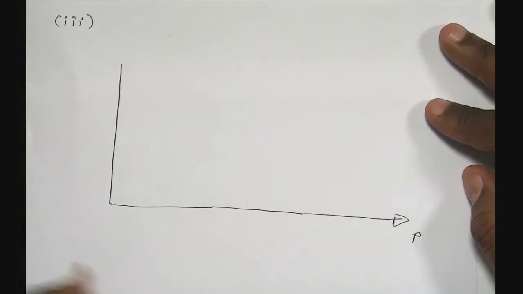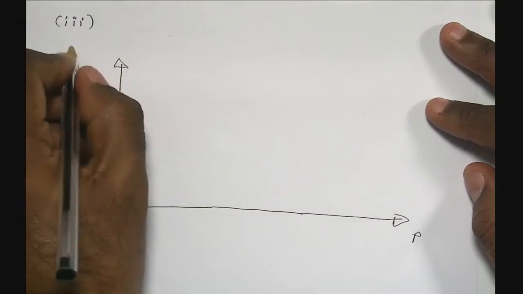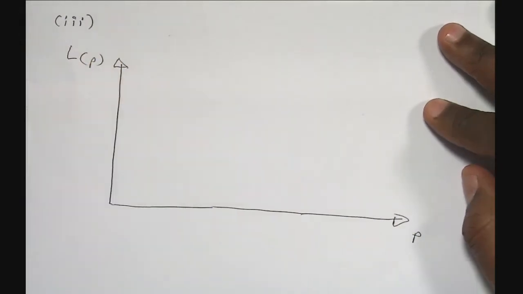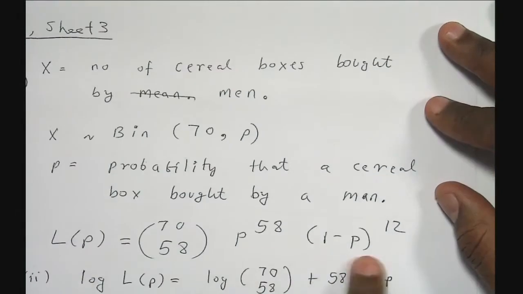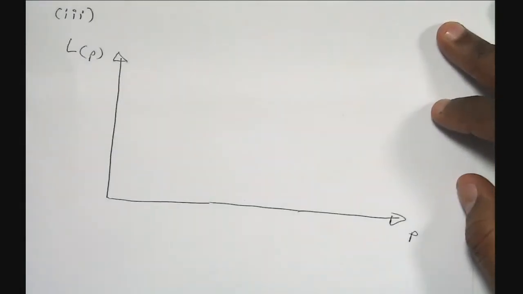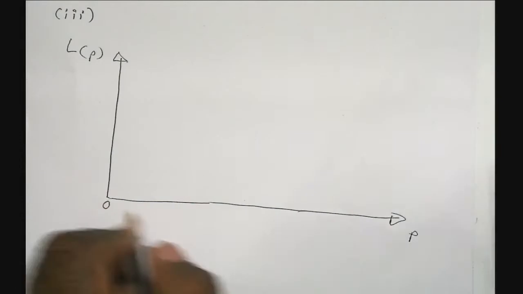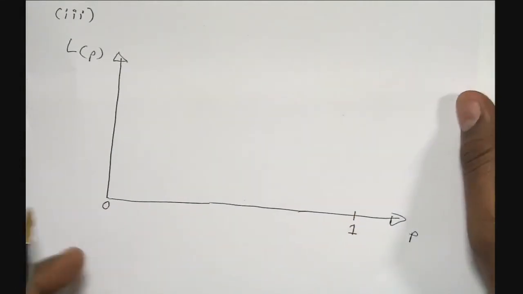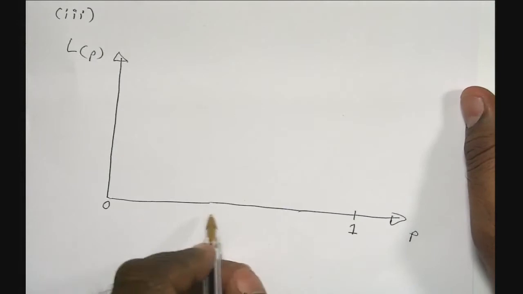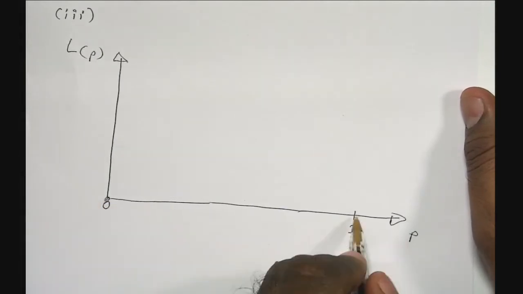So what I'm going to do is plot L of P. L of P is the likelihood function, which is this function here. I'm going to plot L of P versus P over the interval from 0 to 1. So it's 0 here, 1 here.